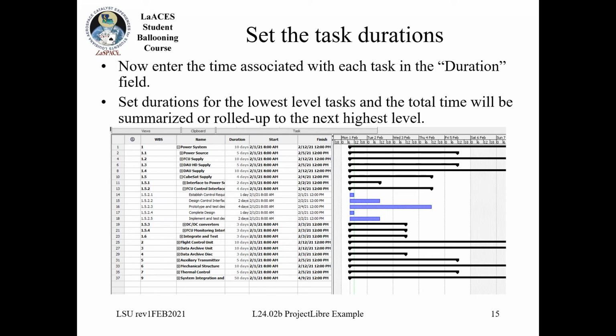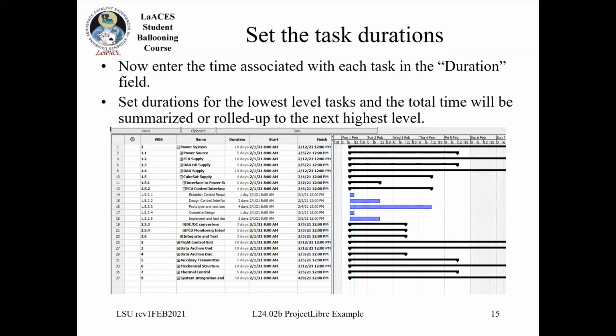And you can see that basically each one of your subunits right now is going to take the length of the longest task because we haven't set any precedent. So it's assuming that you can work all of these in parallel.